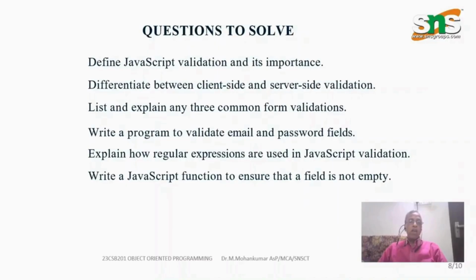Explain how regular expressions are used in JavaScript validation: it will come under 16 marks, because you have to write the program, and also give flowcharts and algorithms. Write a JavaScript function to ensure that a field is not empty: this is also a program type, and may come under 8 or 16 marks.